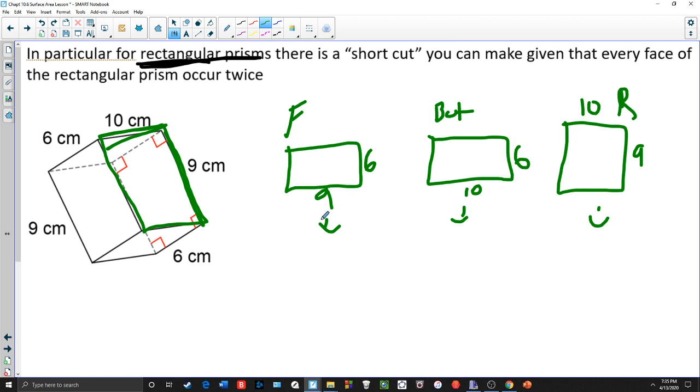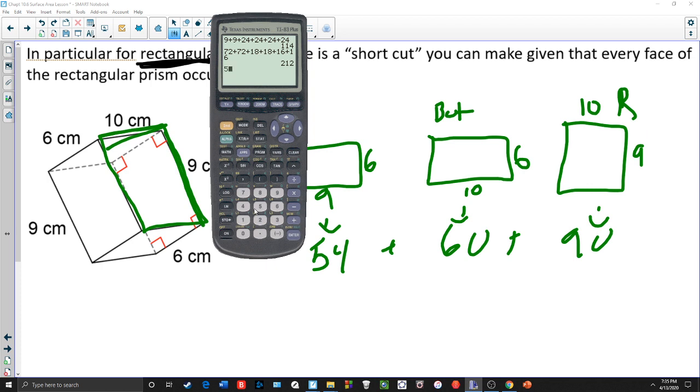So 9 times 6 in this case is going to be 54. 10 times 6 is 60. 10 times 9 is 90. I can then add these together. So 54 plus 60 plus 90.